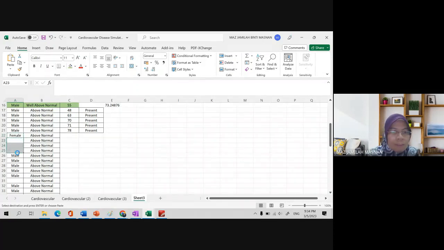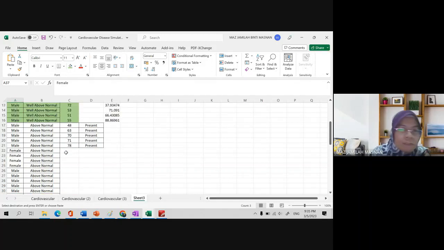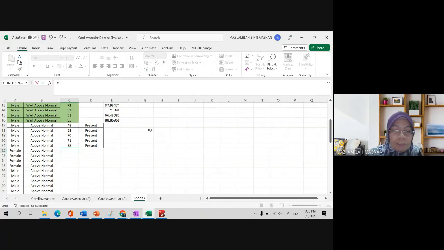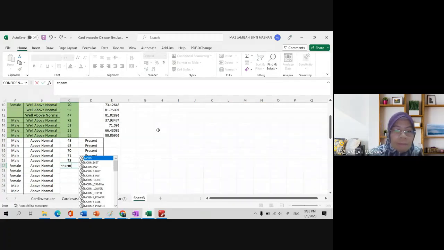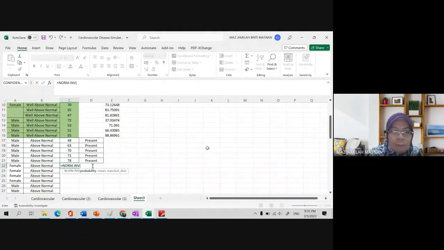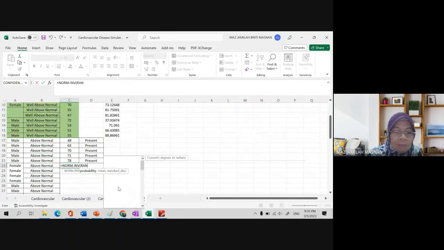and then paste, so that your generated value will not be affected when you have already completed this particular qualitative variable. Now for the generated one, as just now, the function is NORM.INV. Norm inverse, double click, and then the probability value uses the random, so type RAND.